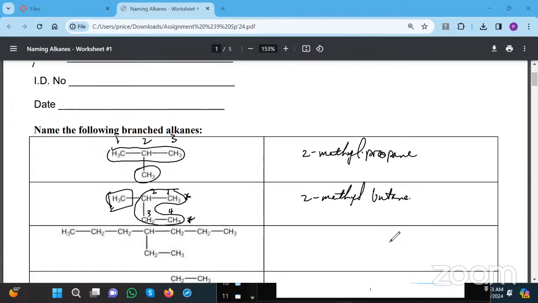Let's see who answered it. Miss Miller again, heptane. So the parent name is heptane. Okay, so the next question is, from which end would you start counting your carbon atoms of the longest chain? Because obviously that means that this is the longest chain right here, right? So from which end would you start counting?